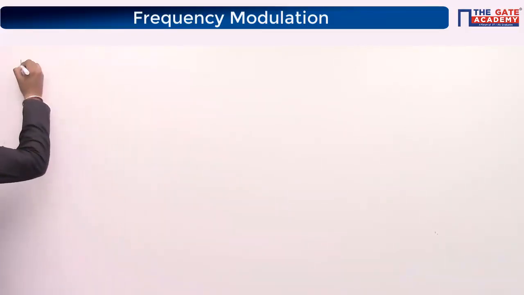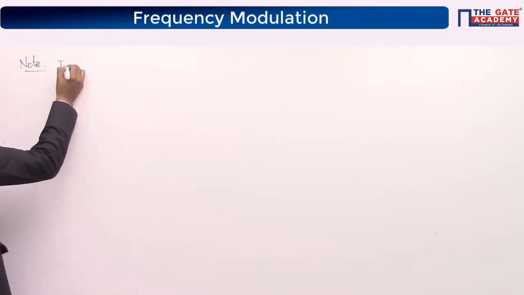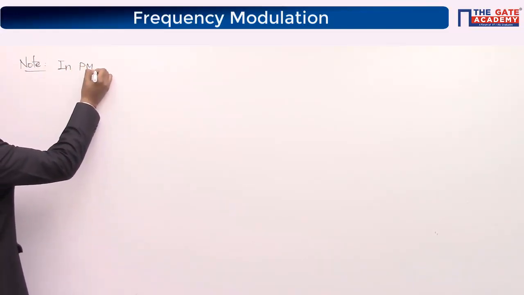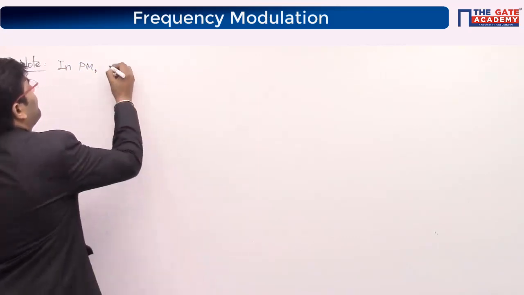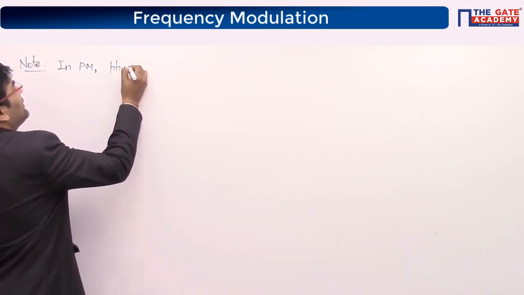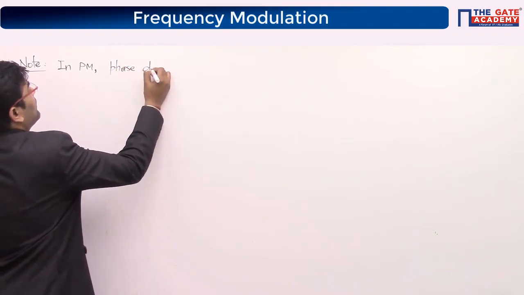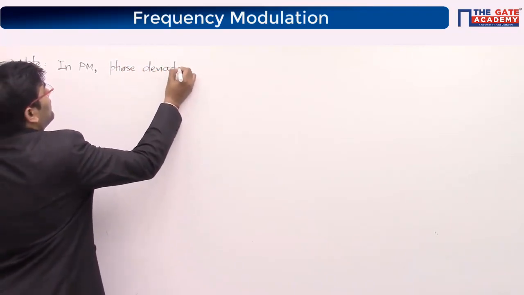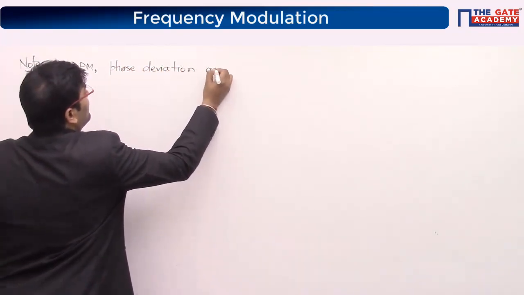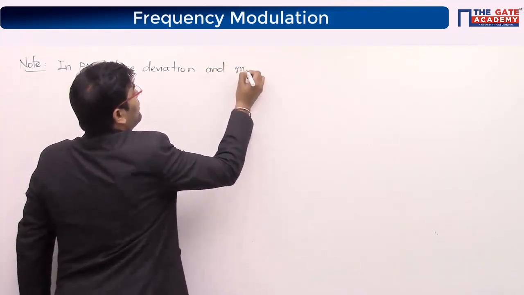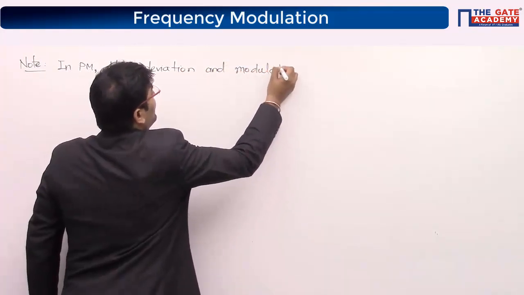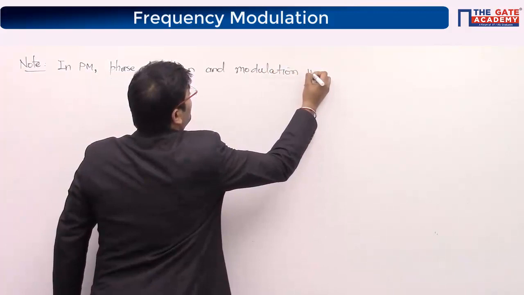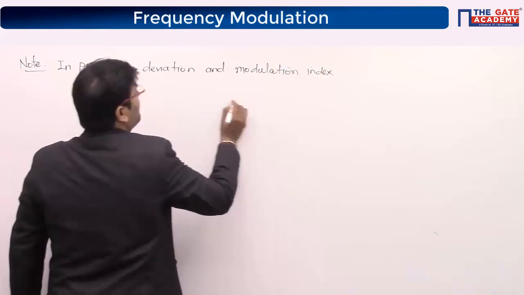And that's why I'm writing a note, guys. Please copy it down. In phase modulation PM, phase deviation and modulation index are same.